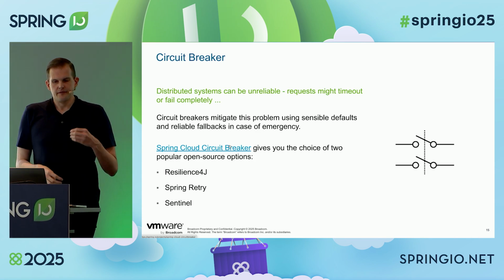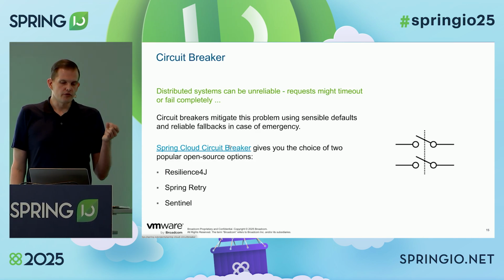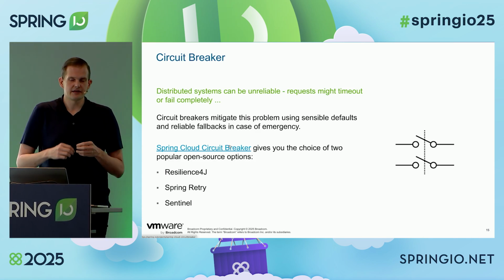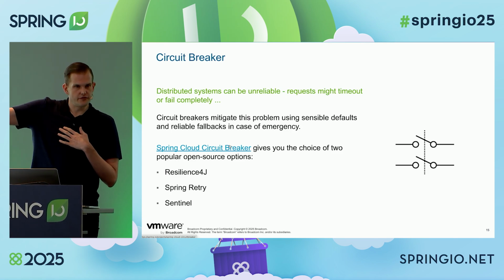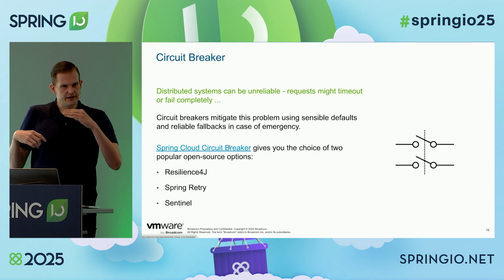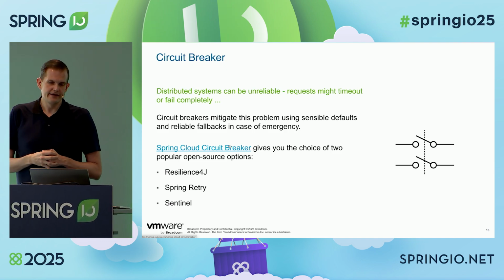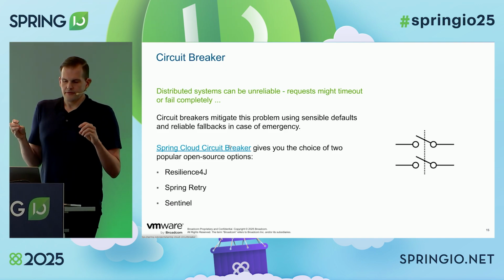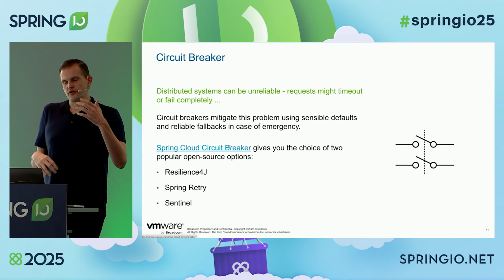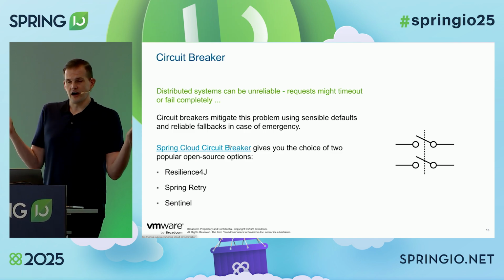The idea is the circuit breaker waits for a specific amount of time until it calls the service. So all the requests coming in during this time get this fallback response, and this helps the service that you're calling to recover.